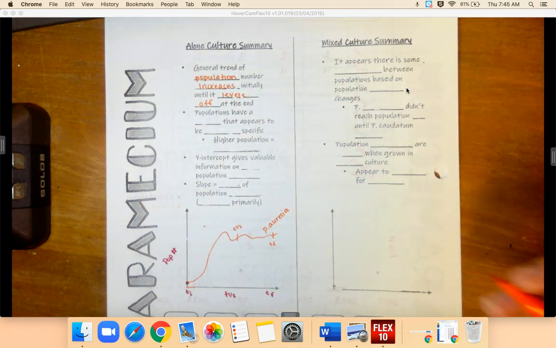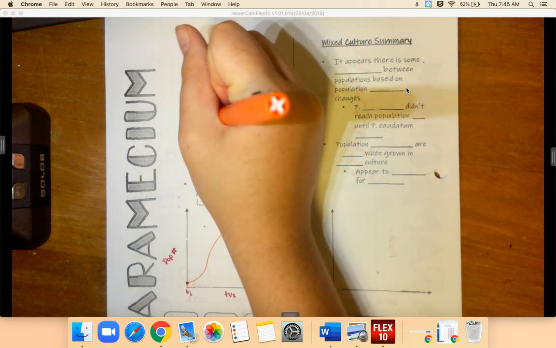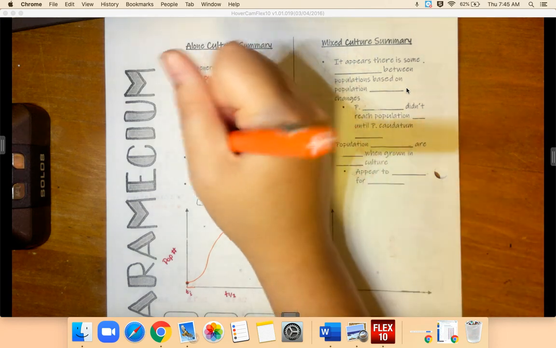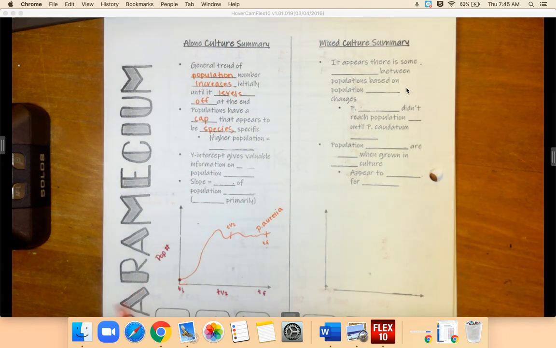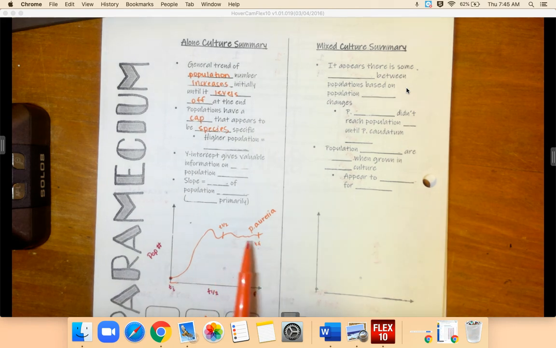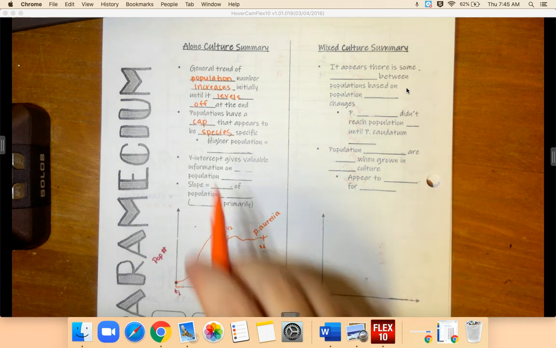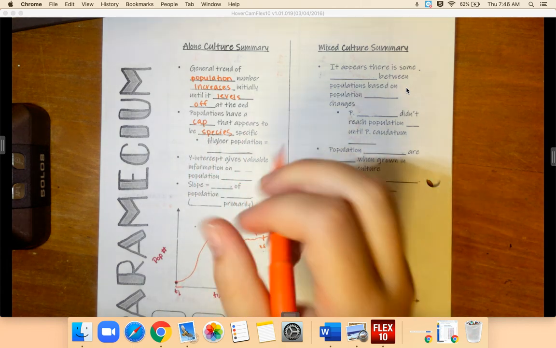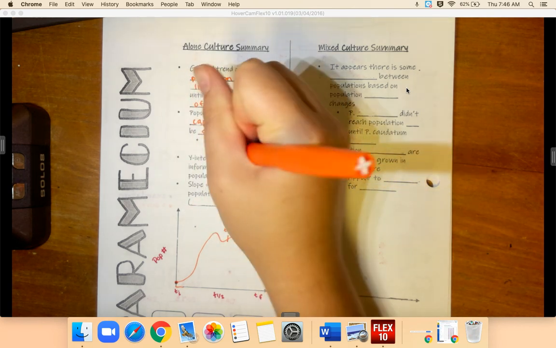So populations tend to have a cap that appears to be species specific. So every population has a point where they might start to level off, like we saw here. The higher population that had the larger carrying capacity was the PA1.